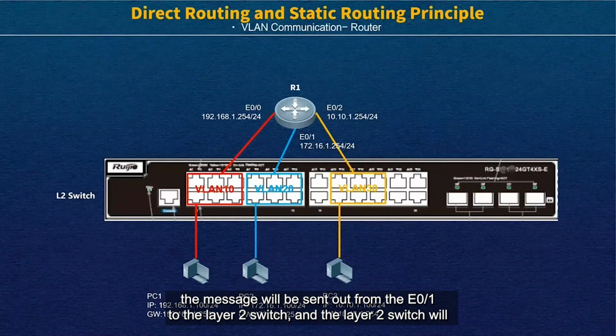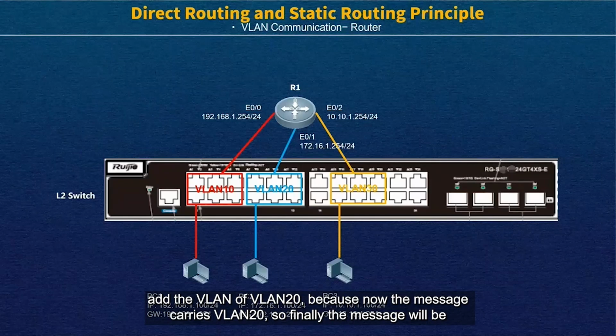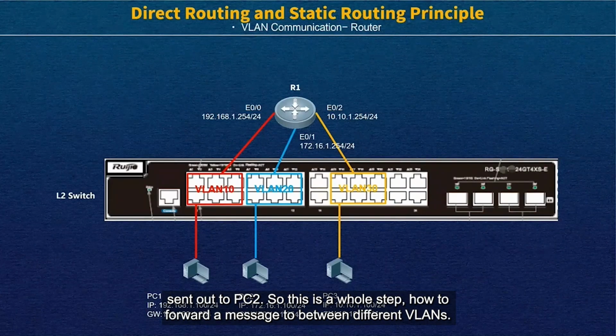And finally, the message will be sent out of Ethernet 0/1 to the layer 2 switch. And the layer 2 switch will add VLAN 20, because now the message carries VLAN 20, so finally the message will be sent out to PC2. So this is the whole process of how to forward a message between different VLANs.